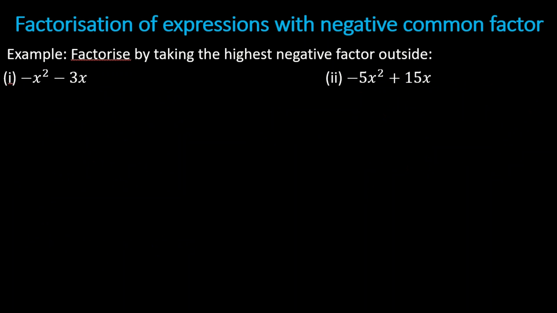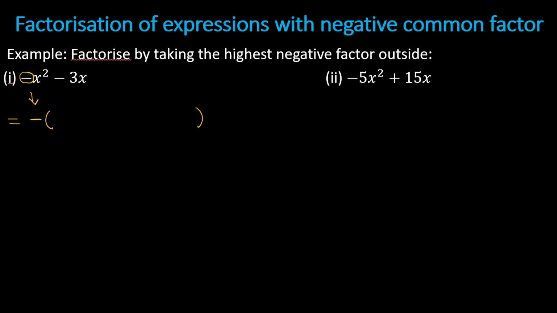So, let us try a second example. Again the same question, factorize by taking the highest negative factor outside. The first part we have negative x squared minus 3x. What is the first step? The first step is to take this negative sign outside a pair of brackets.